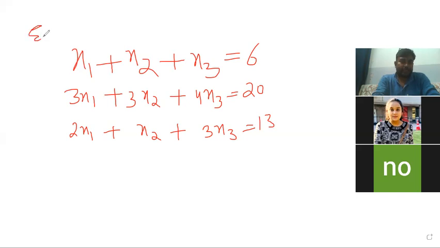It is the example we will solve by using the Gauss elimination method.